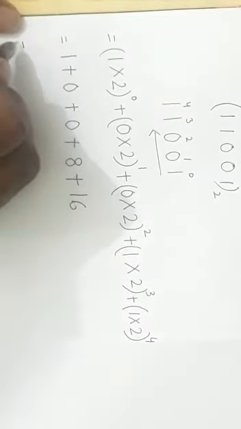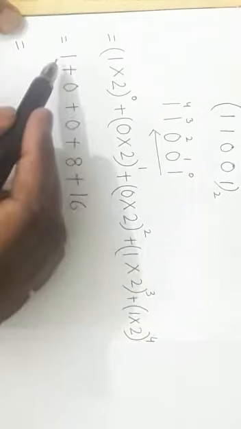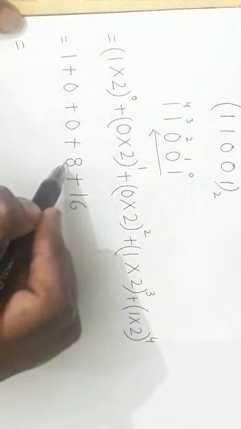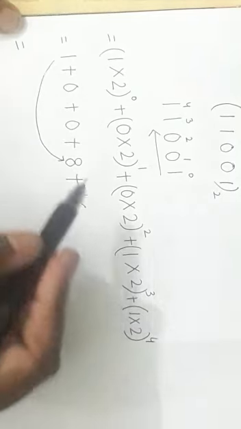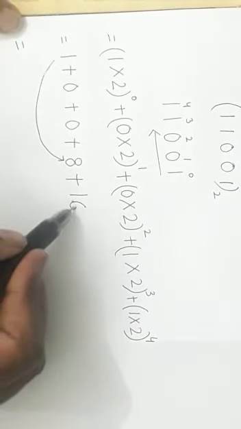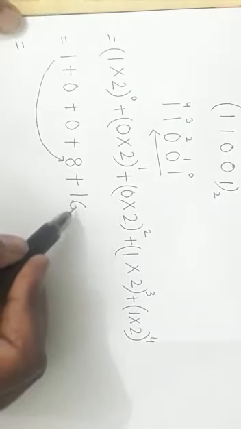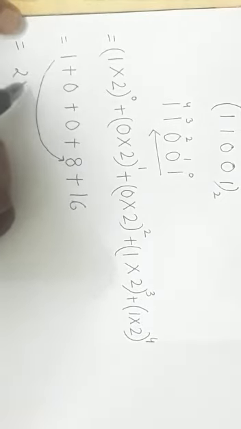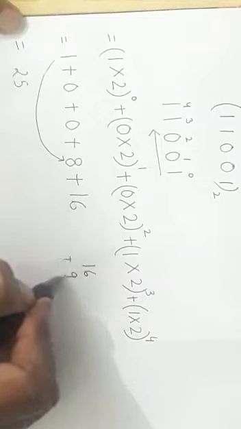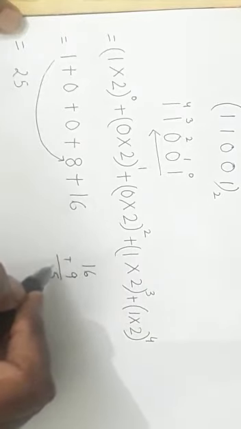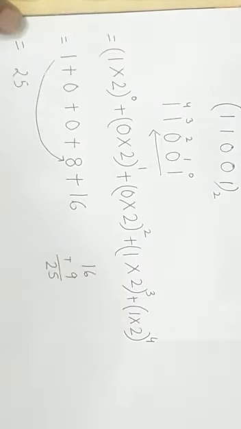So this way, now add: 1 plus 8 becomes 9, and 9 plus 16 becomes 25. You check here also, 16 plus 9 is 25. So now how do we write the answer?